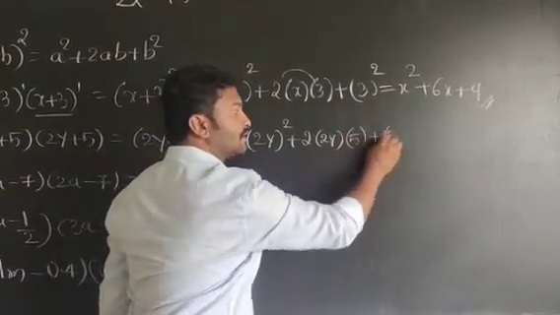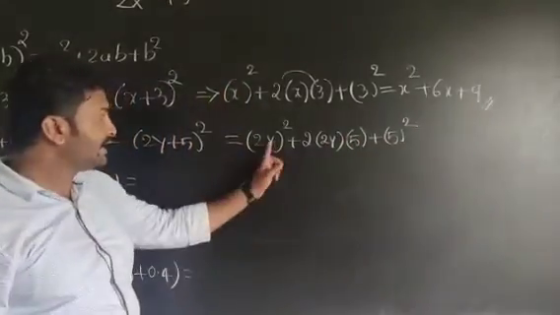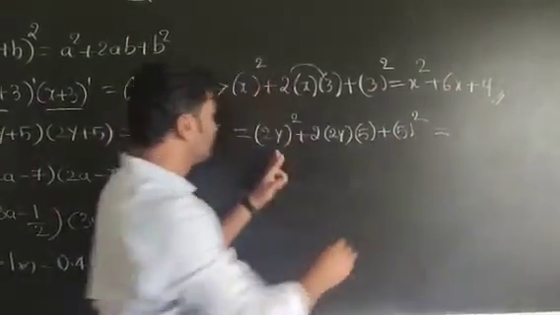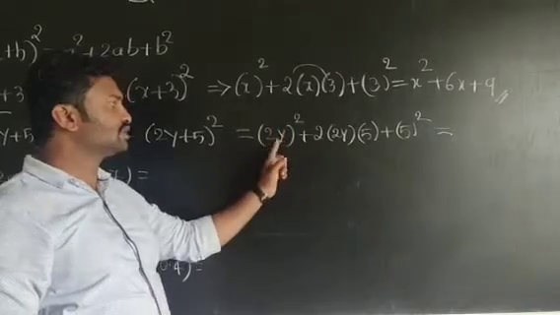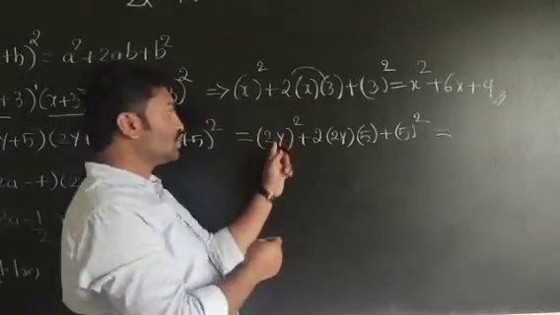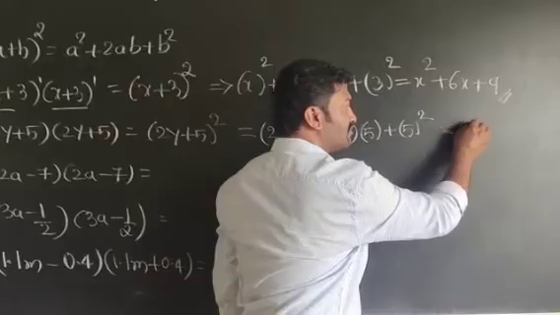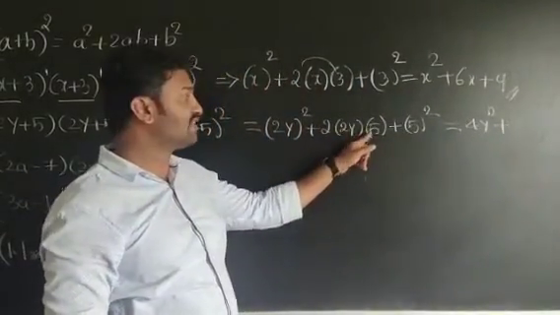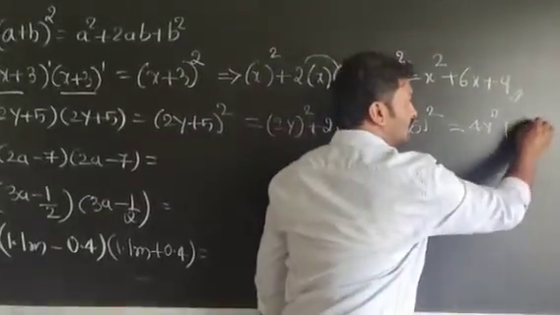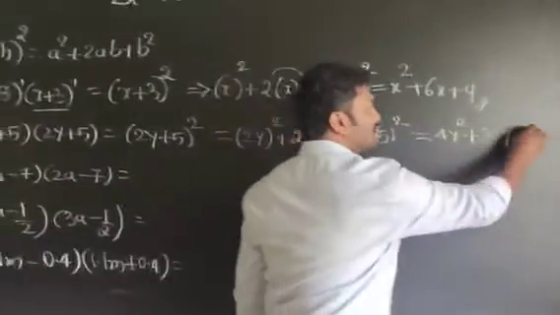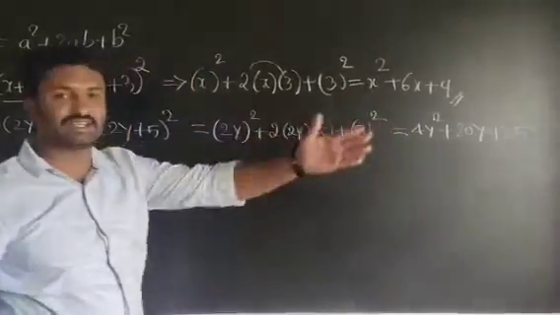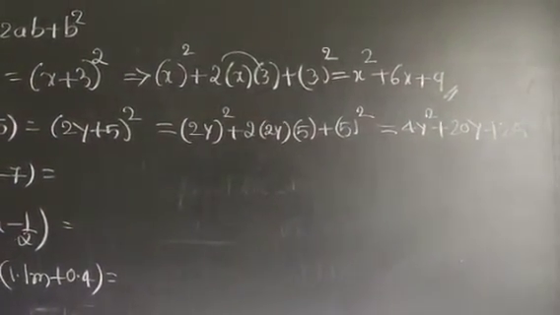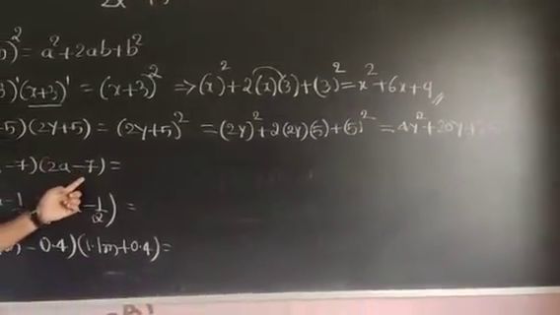Apply the square for both 2 and y. 2 square is 4, y square, 4y square, plus 2 twos are 4, 4 fives are 20y, plus 5 square is 25. This is the answer.